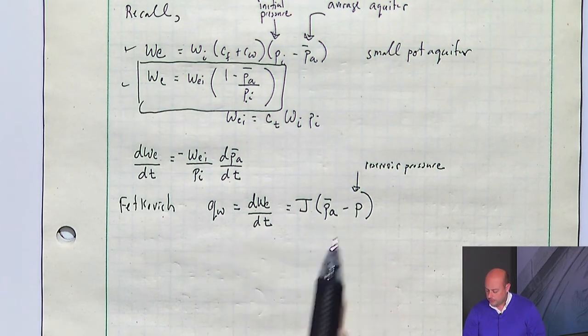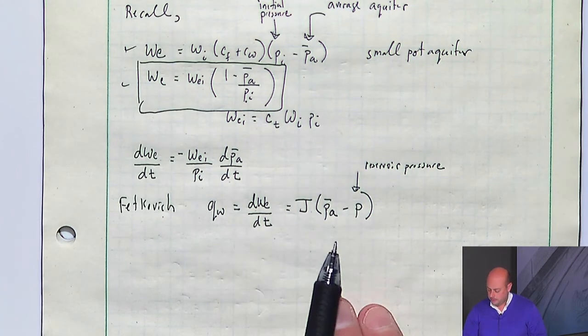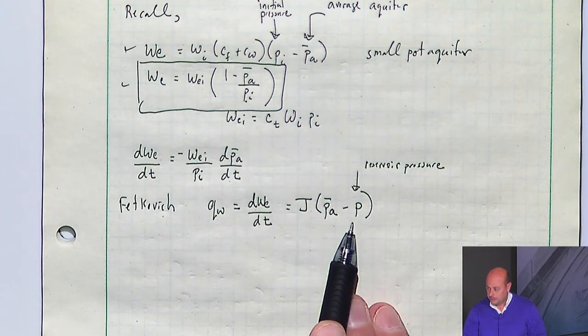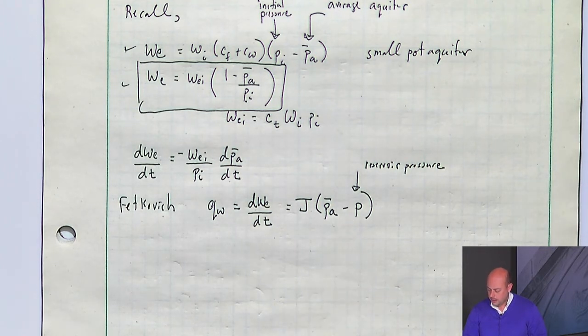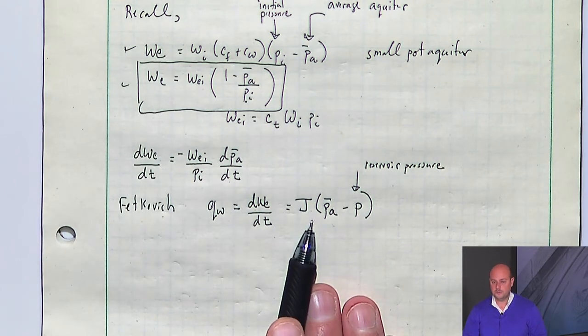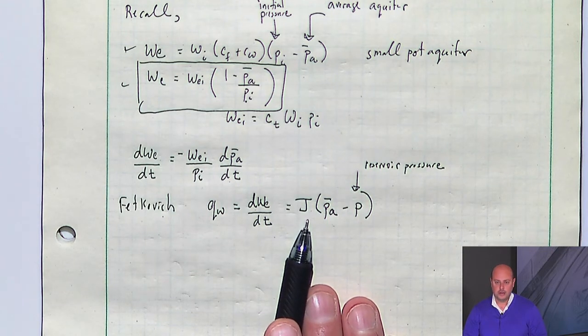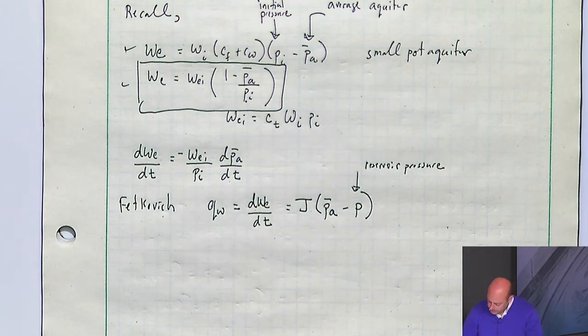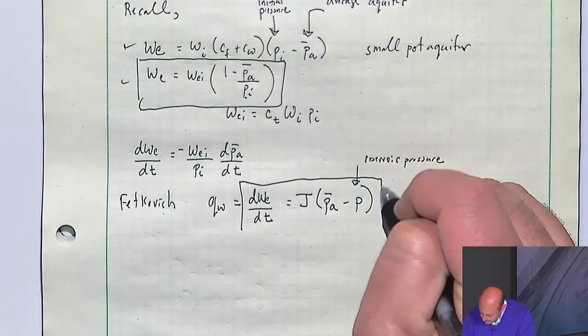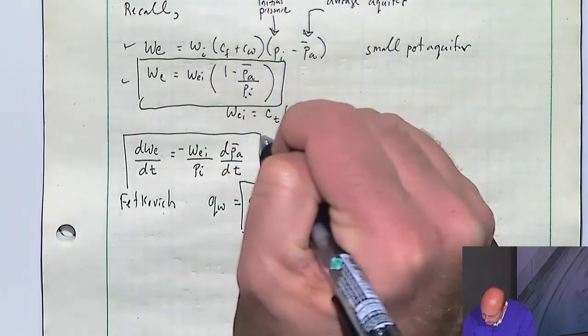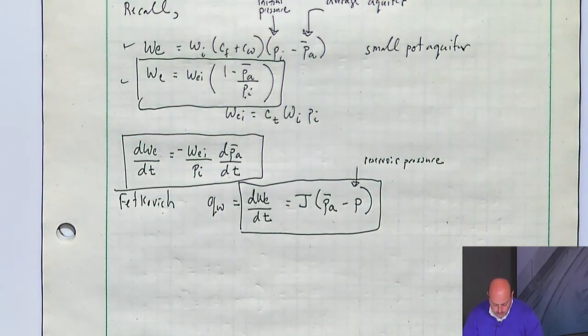It's proportional to a drawdown pressure, the difference between the aquifer pressure and the reservoir pressure, and J is that constant. I'll show you what that constant is, and it's very analogous to what we learned for a reservoir. So now we have this equation for dWe/dt, and we have that equation for dWe/dt, so we can equate them.